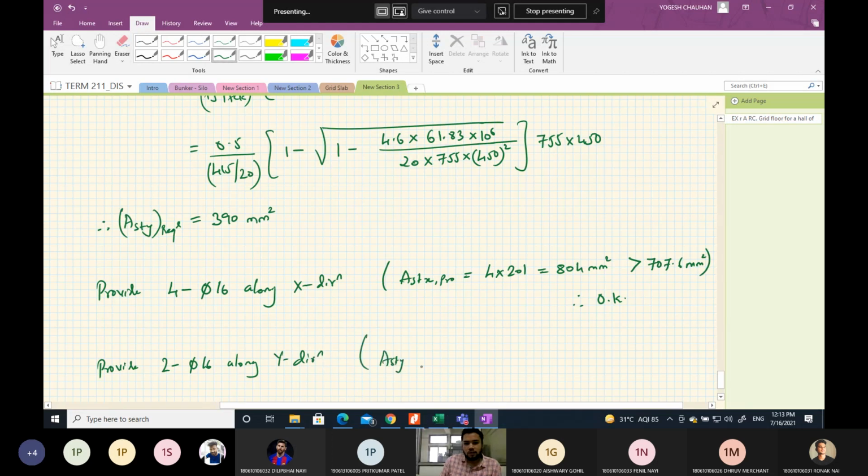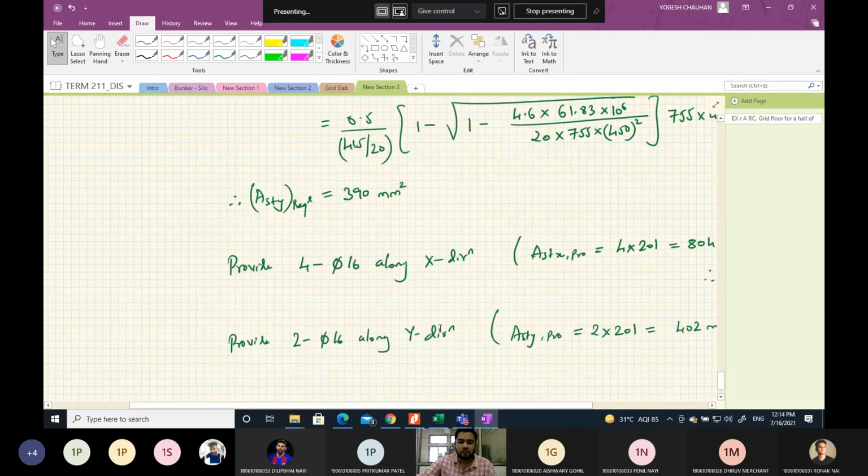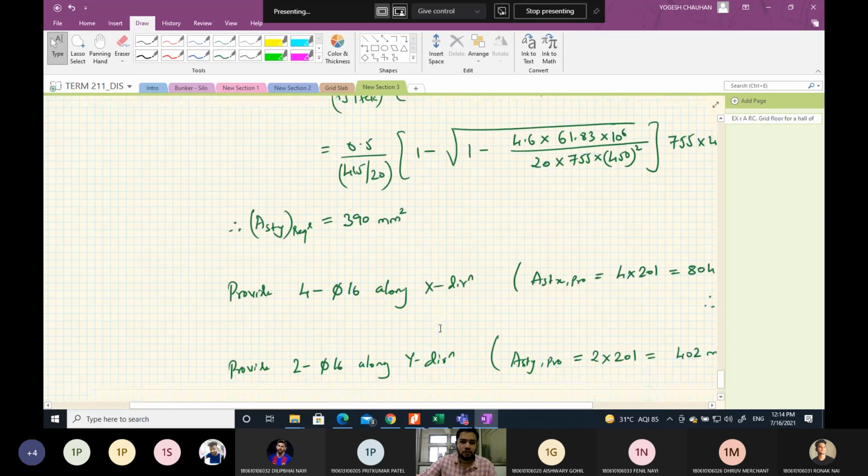So ASTY provided will be equal to 2 into 201, that is 402 mm square, which is again greater than 390 mm square. So it is okay. So with this, the design for flexure is over for the rib beam.